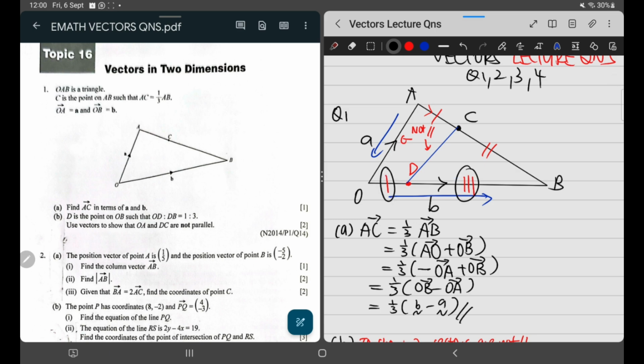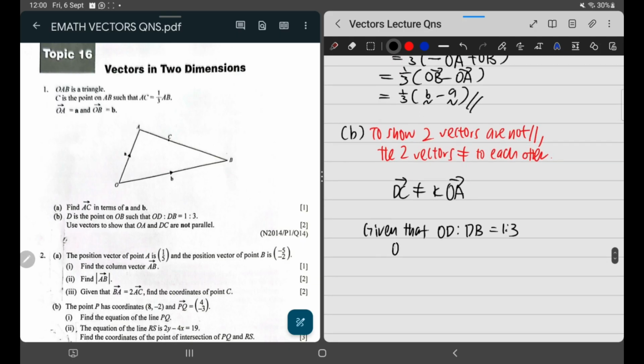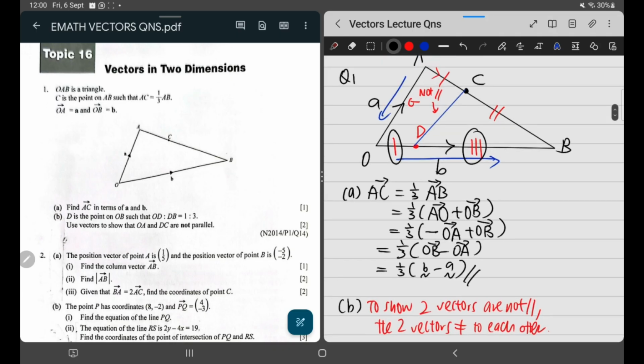So the entire length of OB is 4 units, right? And since OB is 4 units and OB is B, that means OD is 1/4 of B, right? So here to here is just 1/4 of B.